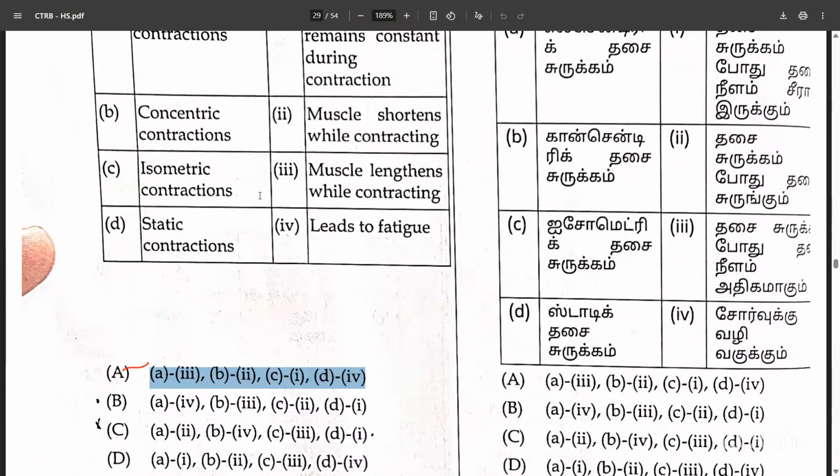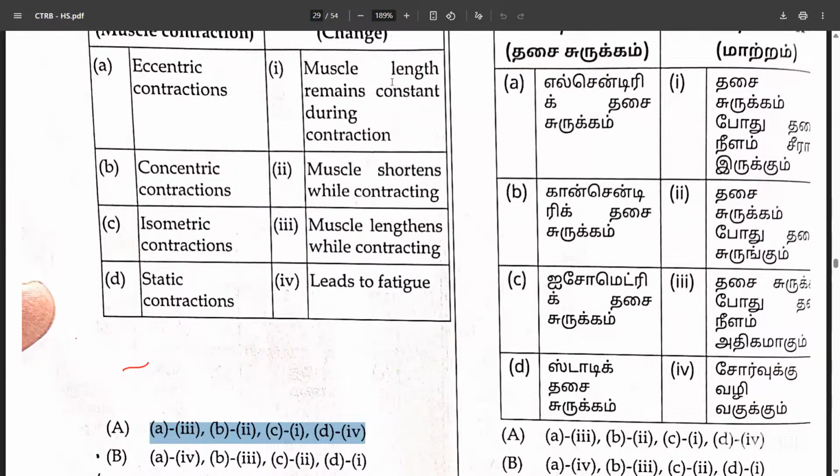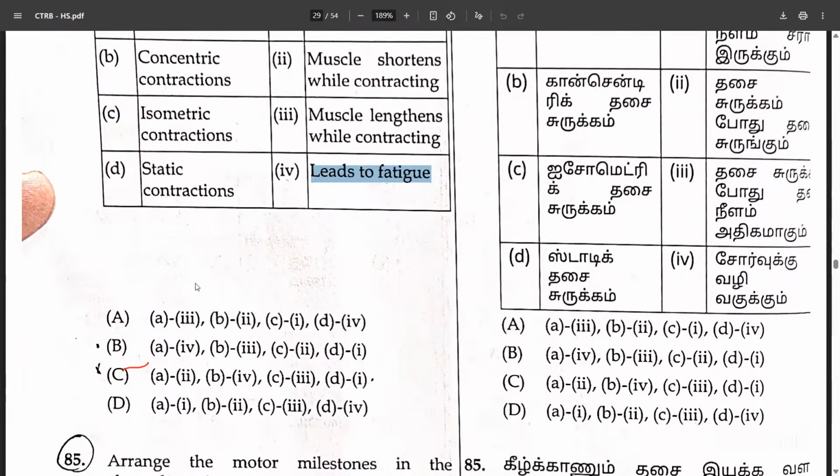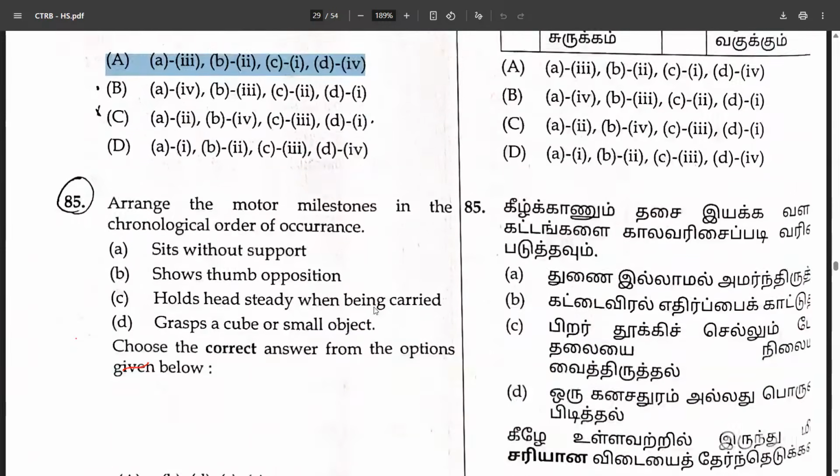Concentric contraction will be matched with muscle lengthening. Sorry, concentric contraction will be matched with muscle shortening while contracting. Isometric contraction will be matched with muscle length remaining constant during contraction. Static contraction will be matched with leads to fatigue. Okay, so A will be the correct answer for this.